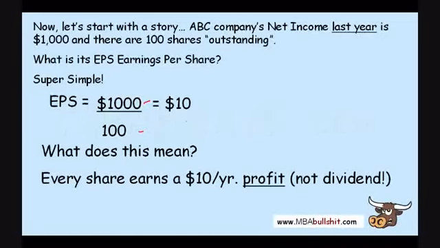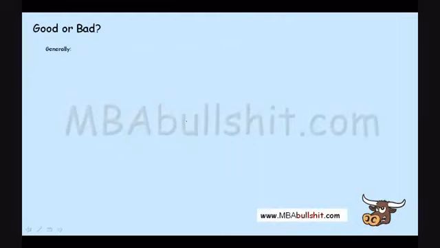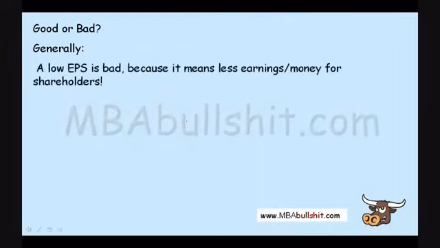So when we compute the EPS, we talk about the profit per share, or the earnings per share, not the actual dividends that the company eventually decides to pay to the shareholders.